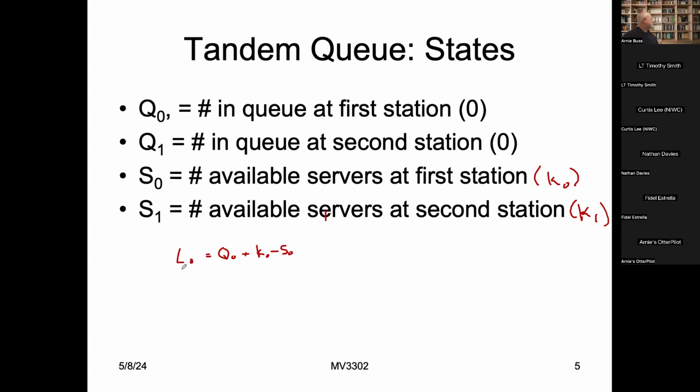And similarly, at the second station, we would have exactly the same thing. So we don't need them. We could put them in if we wanted, but I'm not, because I'm lazy.